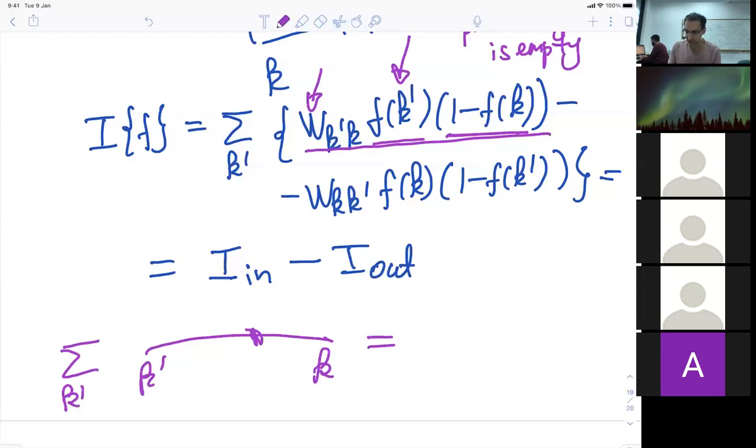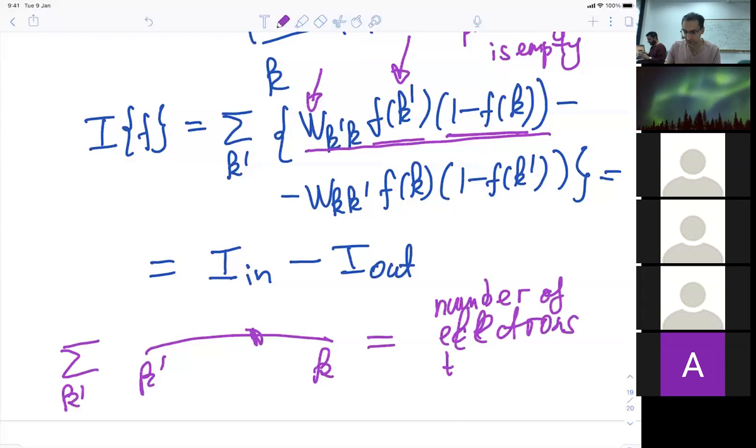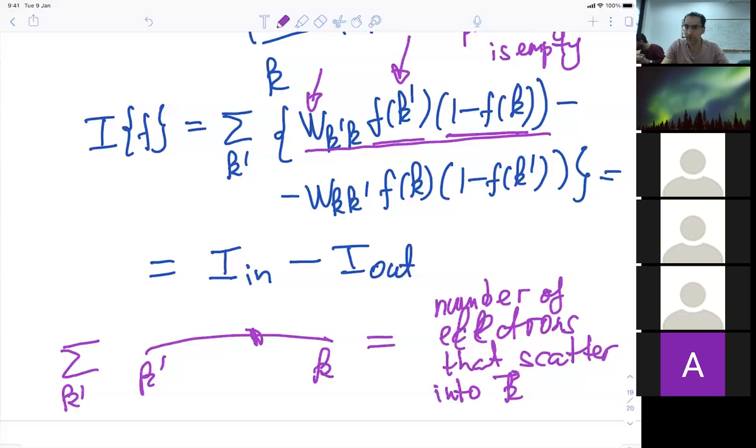So all these together is the number of electrons that scatter into state k from the entire universe, so to say. Therefore, this is an incoming current. So this is the current in the phase space, and this is a total incoming current into the state k.